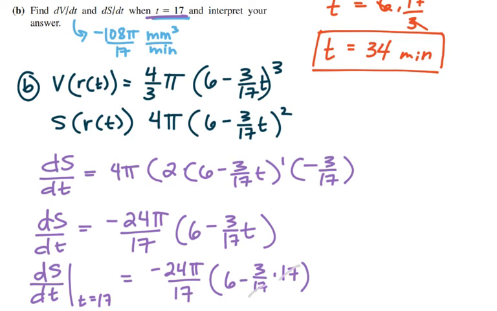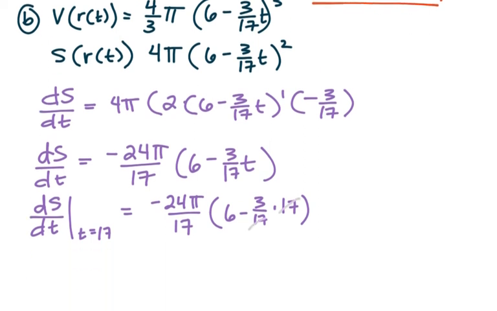We see those 17s cancel. 6 minus 3 is 3, and 3 times 24. dS/dt at t equals 17 is equal to negative 72 pi over 17. So this is the rate at which the surface area is shrinking.